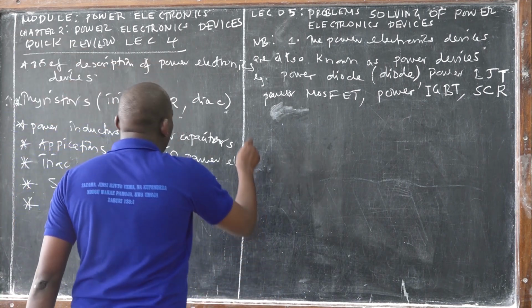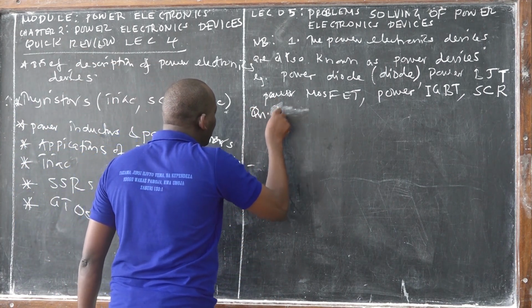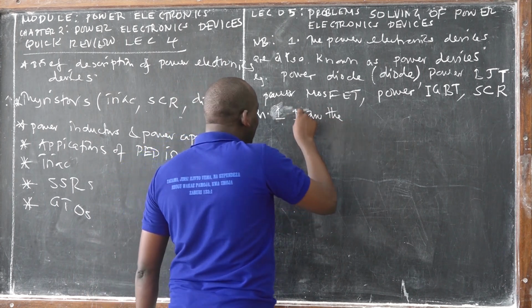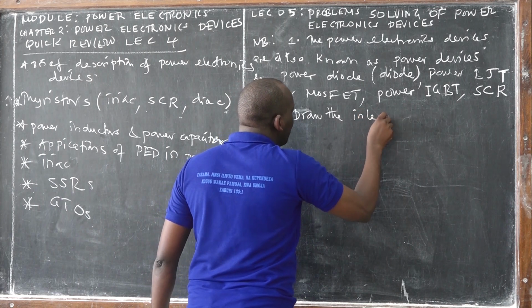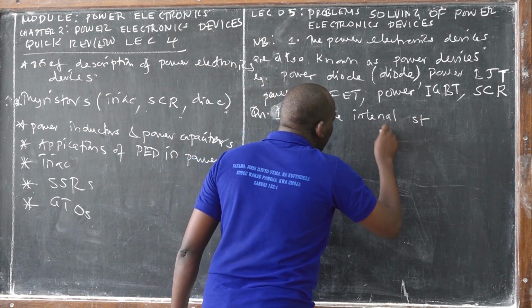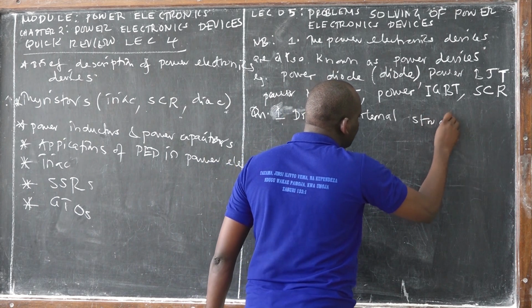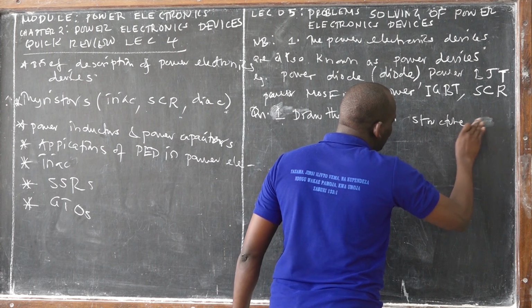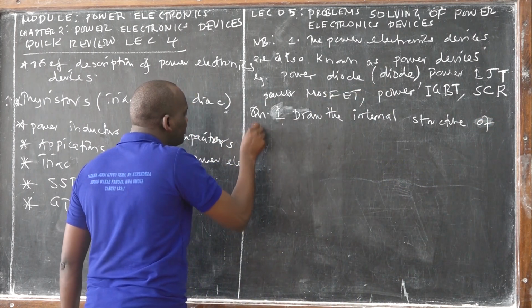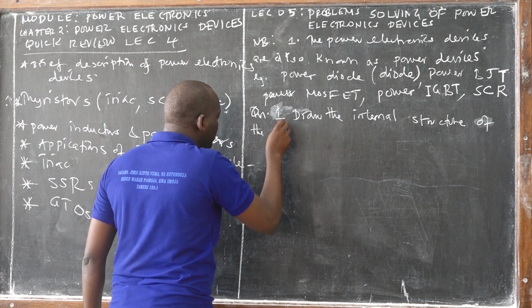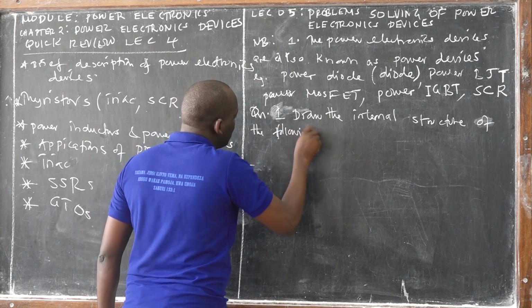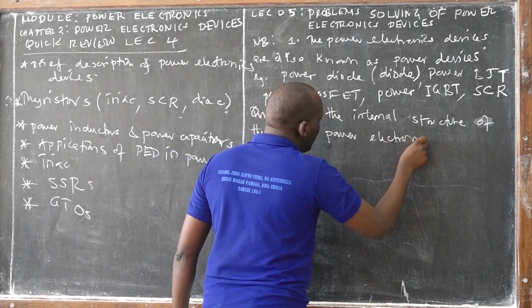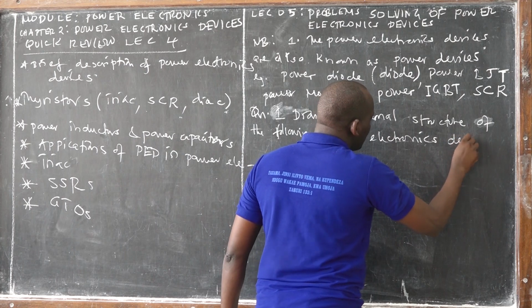Okay, question number 1. Draw the internal structure of the following power electronics devices.